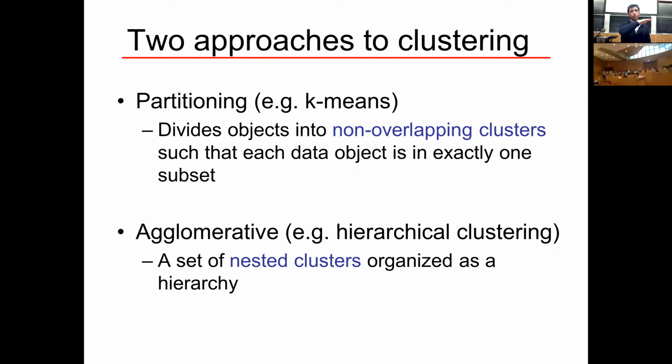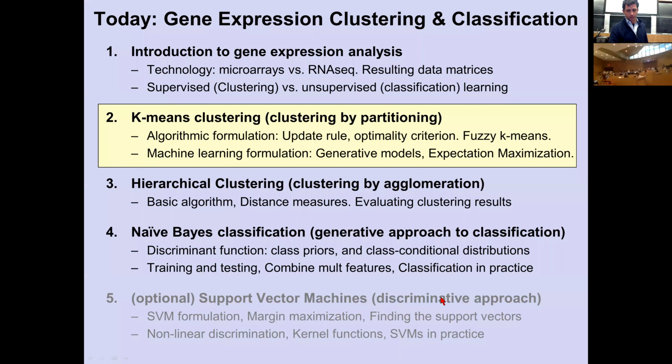And to find a clustering there, you just draw a line across your tree, and you choose all the different subsets there. So it's a set of nested clusters organized in a hierarchy.